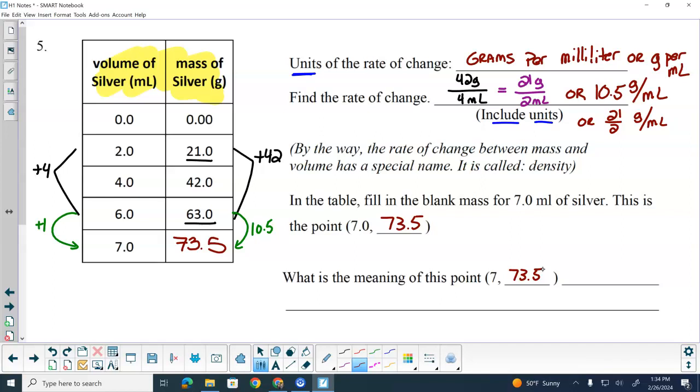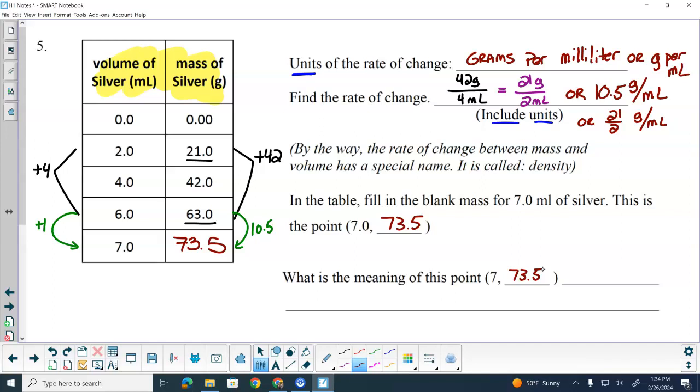Now, this is where the majority of us struggle. Even though over on the side board, we still had an example of what this point means. It's number 4 over there. So what does this point mean? 7, 73.5.